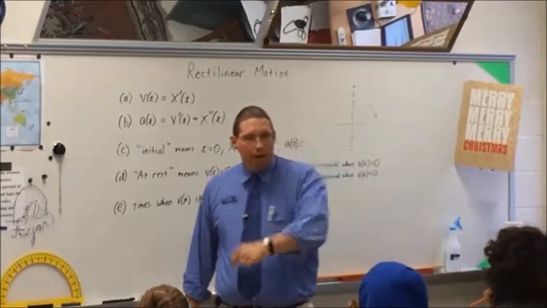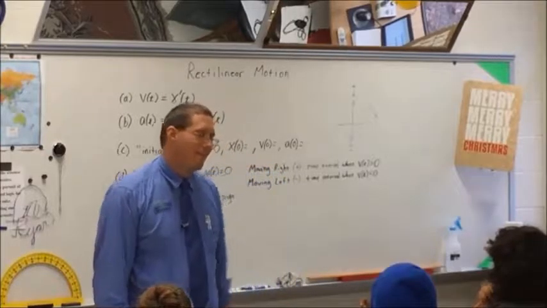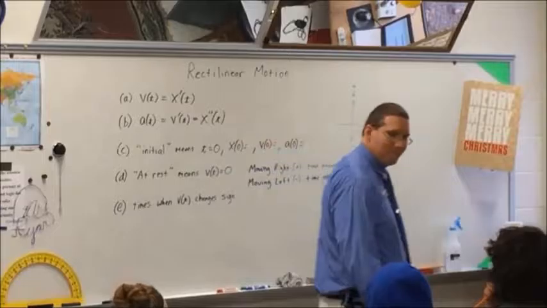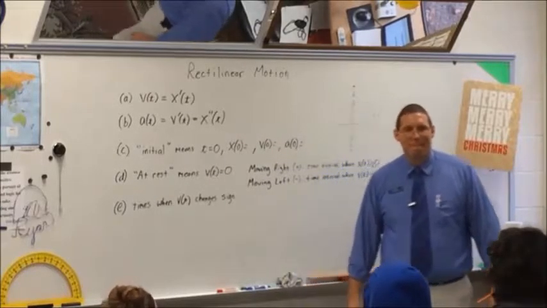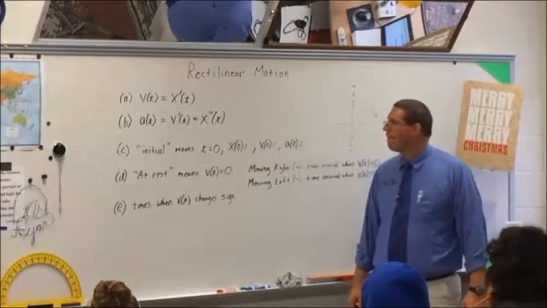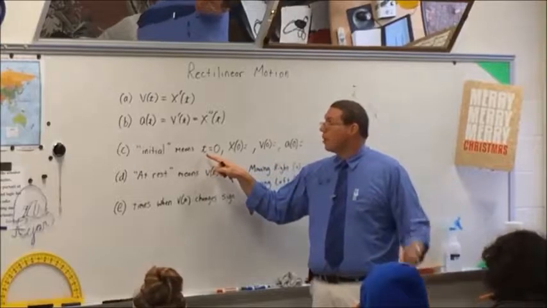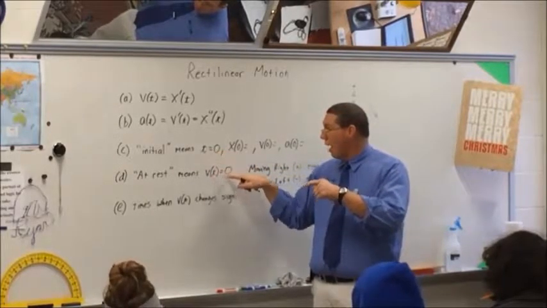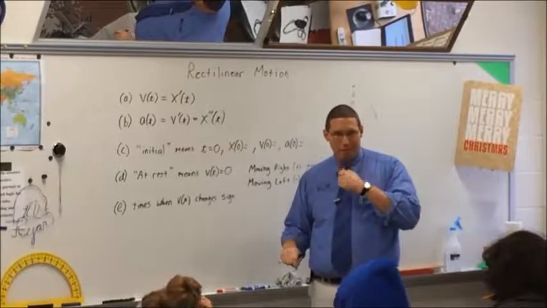It moves in one direction, takes a rest, and then goes the other direction. Initial is where t is 0, not the output 0. Input of 0, not output of 0. Do you see the difference?